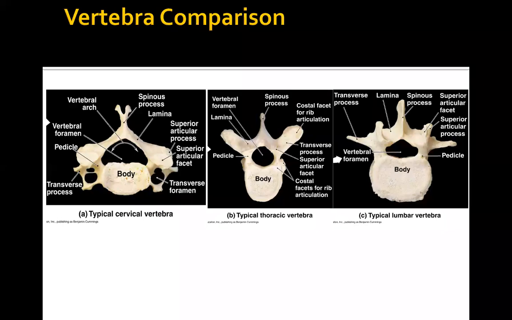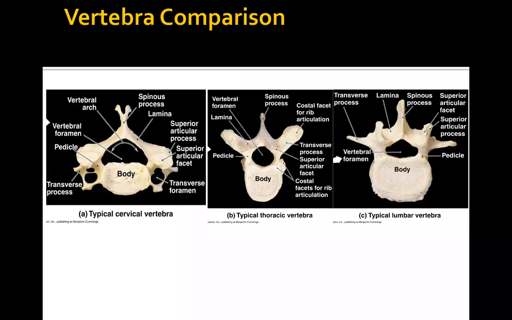Now, since these vertebrae lie at different locations, they perform different functions as far as their locations are concerned. They also have different shapes and architecture. So looking at these three that I have brought here, cervical, thoracic, and lumbar, let's do a little comparison.